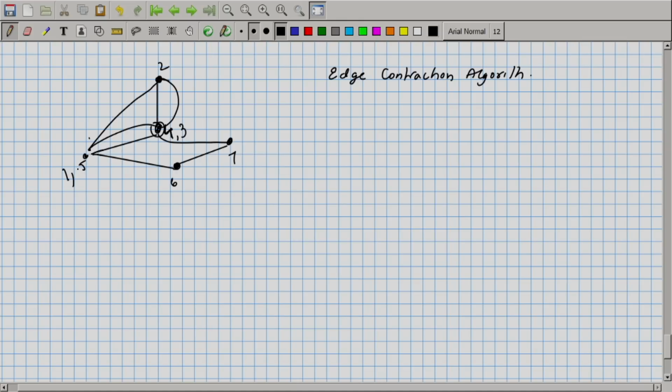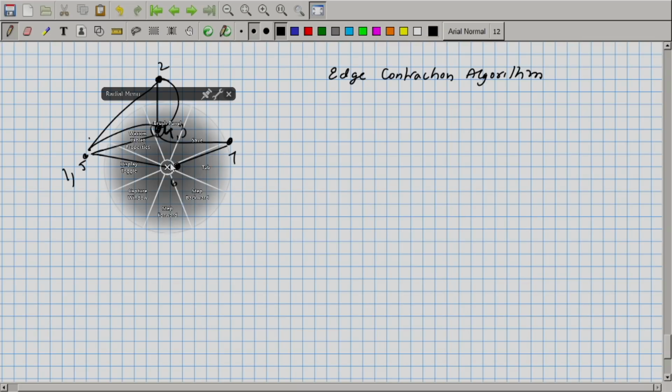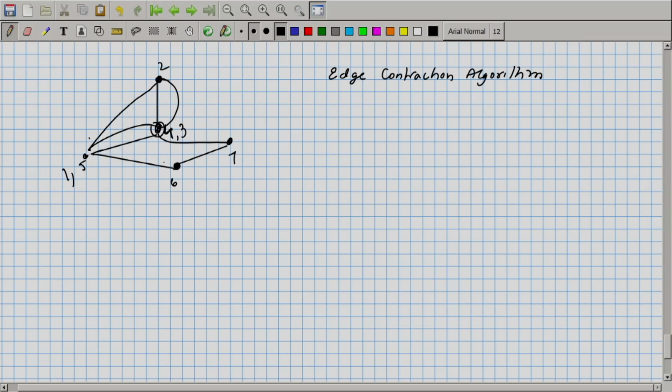And then we will choose another. So, we will continue this process repeatedly. So, if we contract 6 and 7, then we will get 6 7 here, and we will be left with this particular edge.